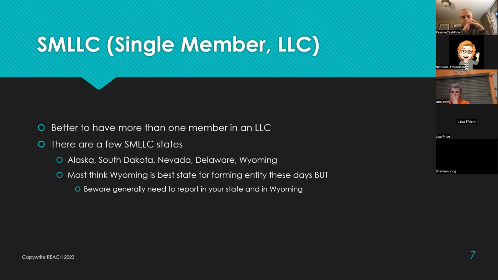But the idea is that you really don't want to have one person and everything flowing through directly to your taxes. If you have more than one member in a company, an accountant will do the taxes for that company and issue a K1. K1s come in when there is more than one owner.